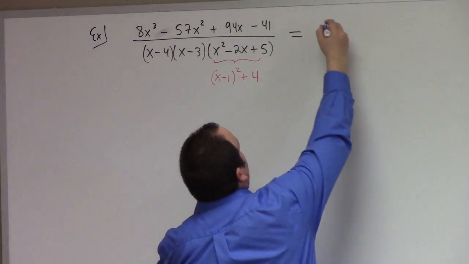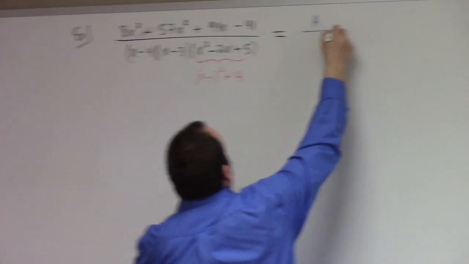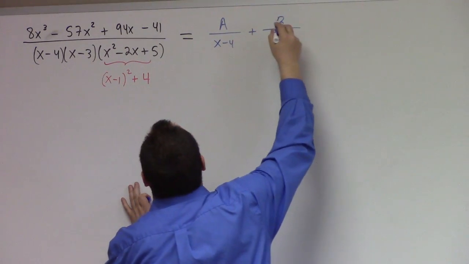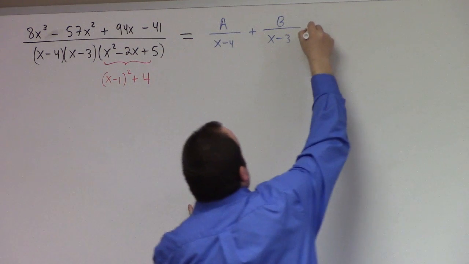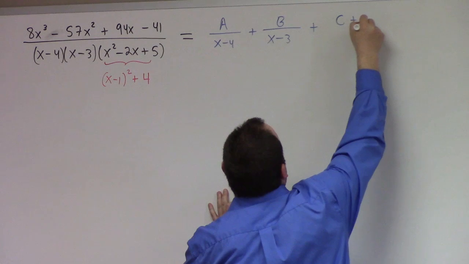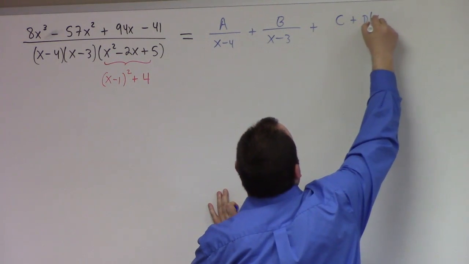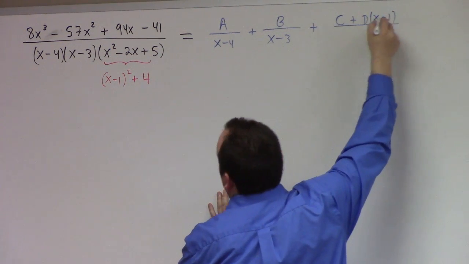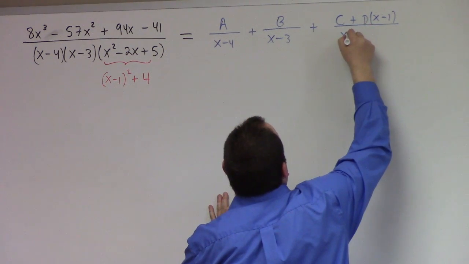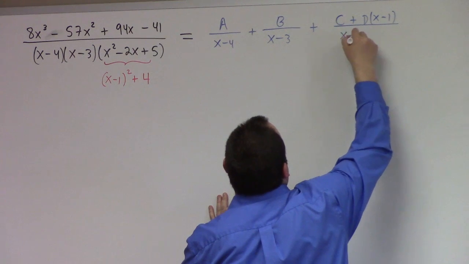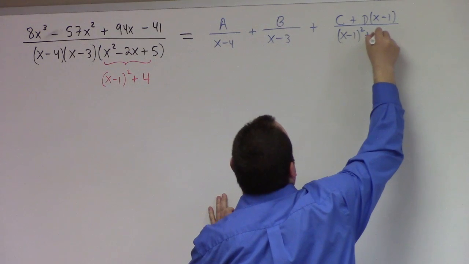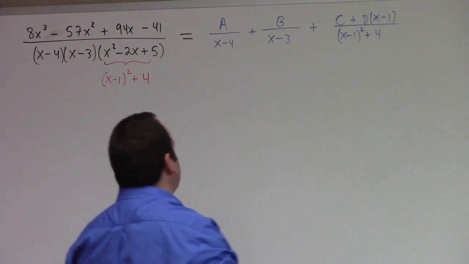So here we go. Off we go. So we do a over x minus 4 plus b over x minus 3 plus c plus d times x minus 1 over x minus 1 squared plus 4, but you could just as well write that as, of course, x squared minus 2x plus 5.